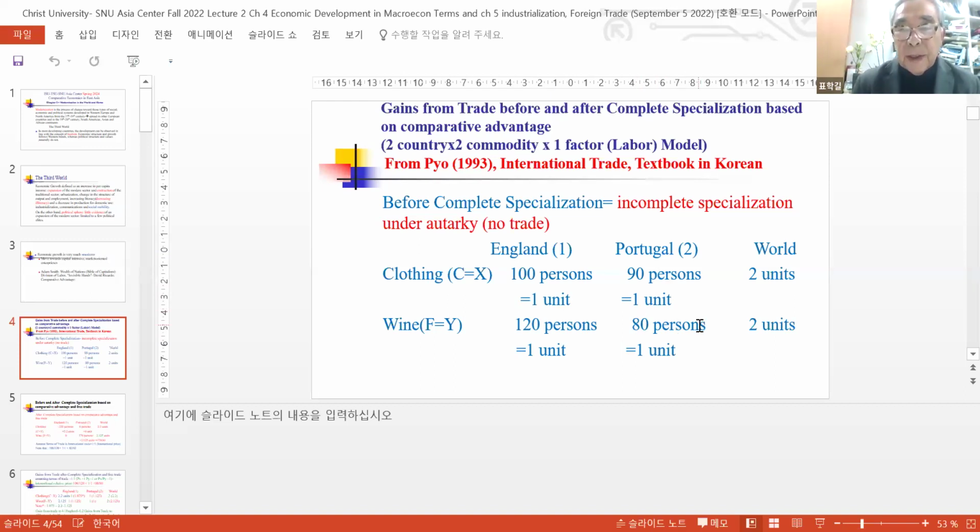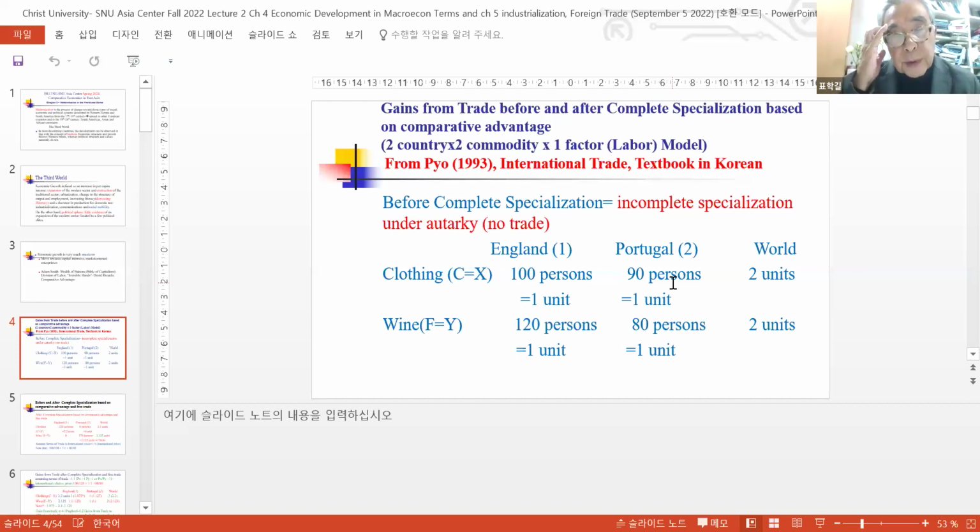So as I said, if you divide this 1 unit of clothing by 100 persons, in England, per person, 1 divided by 100 as much clothing is produced. That is, we define England's labor productivity of the clothing industry. In the case of Portugal, 1 unit is produced by a smaller number of people, 90 people.